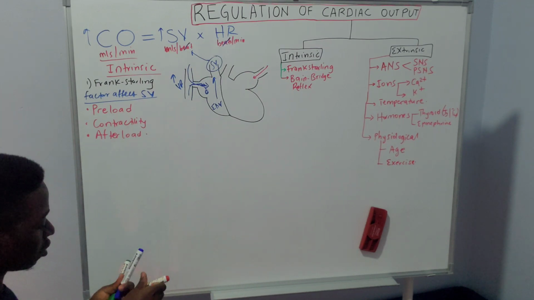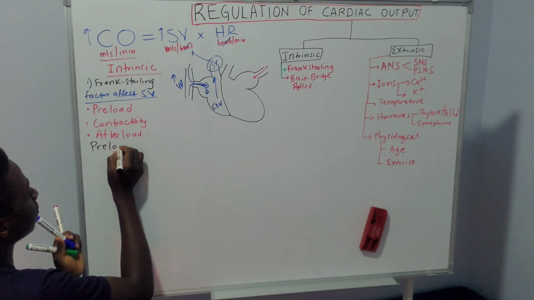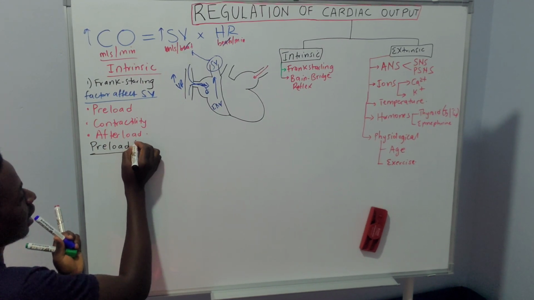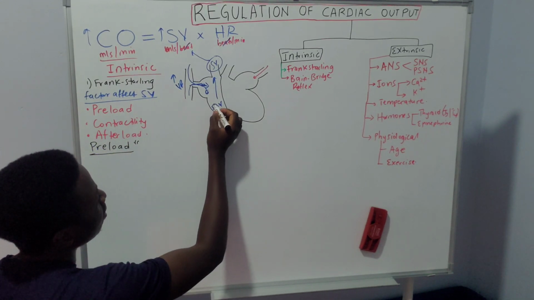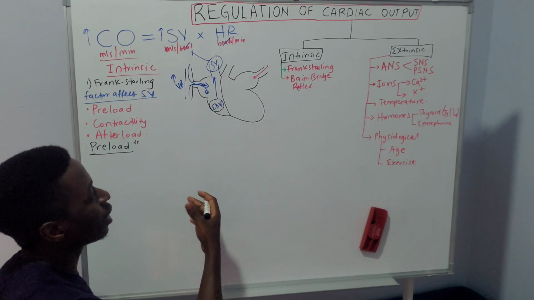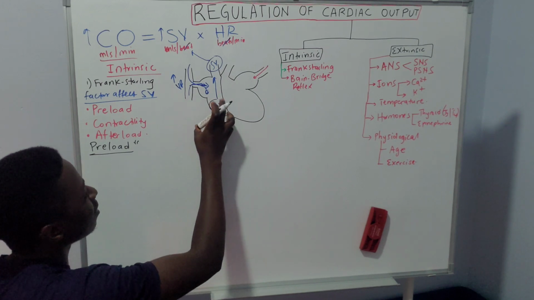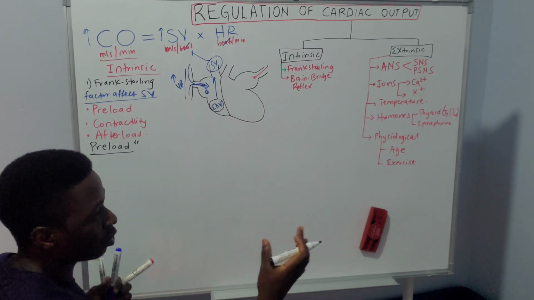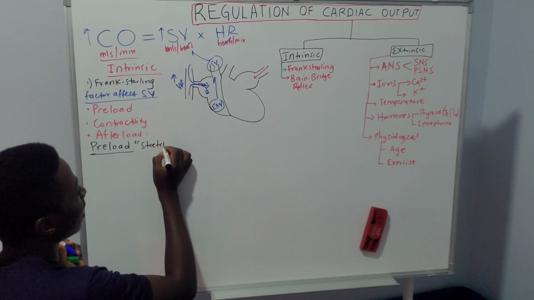So let's look at preload. What is this preload and what does it mean? Preload is basically what we may call the stretch. It's usually the volume dependent strength that is required to eject this volume of blood. So the stretch created by the increase in volume is what we call the preload.